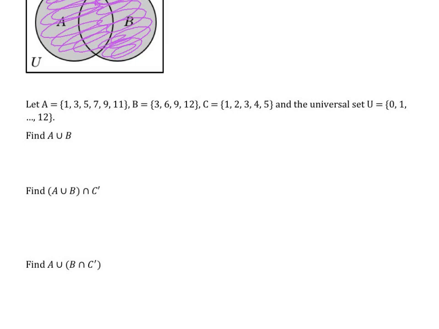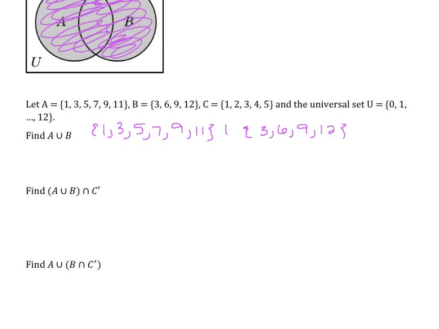So let's find A union B, combining the items in A with the items in B. We only need to write them once, so if they have items that occur twice, we only write them once. Set A is 1, 3, 5, 7, 9, 11. And set B is 3, 6, 9, and 12.